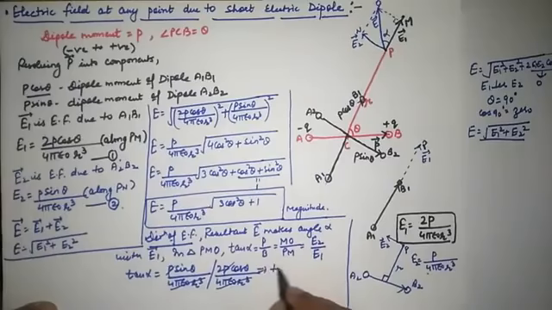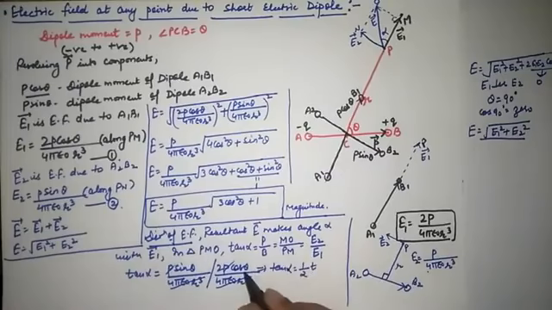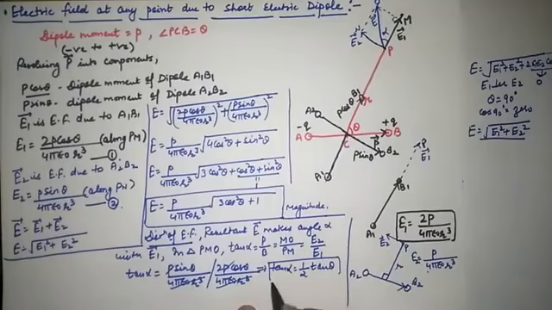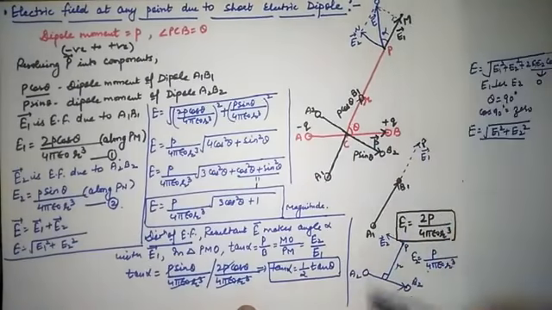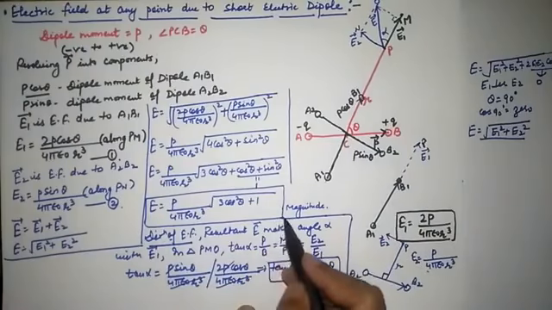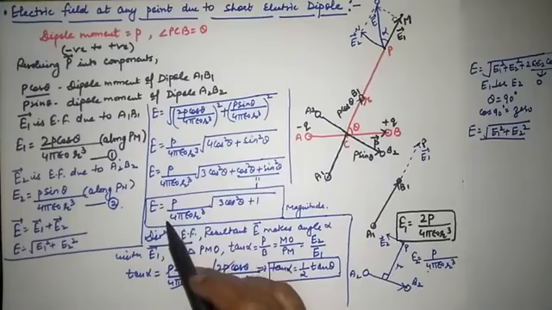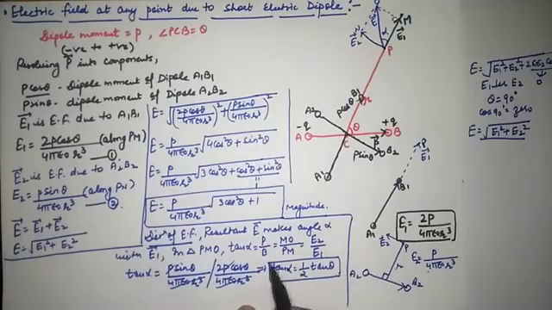So we get tangent alpha is equal to half of sin theta upon cos theta, that is half tangent theta. So if we know this angle, we can find out the direction of the resultant electric field. So here we have derived the expression for electric field at any point due to a short electric dipole, and this is the expression for the direction of the resultant electric field.